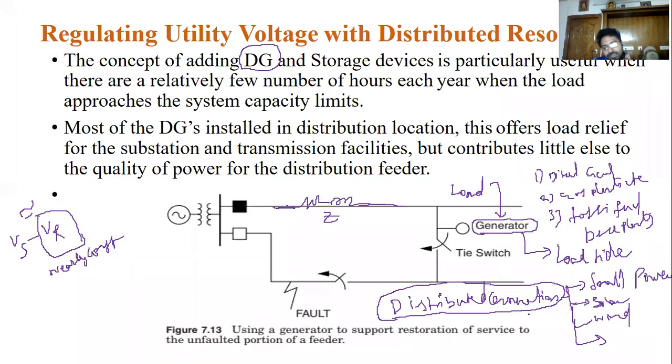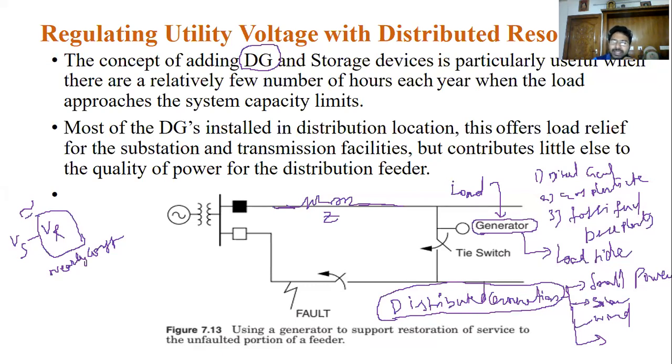What does distributed generation mean here? Those are small electric power plants, or solar plants, or wind plants, or fossil fuel plants, or hydro plants, or whatever it may be. Those plants are available near the load locations or near the distribution feeders. We can treat it as distributed generation.